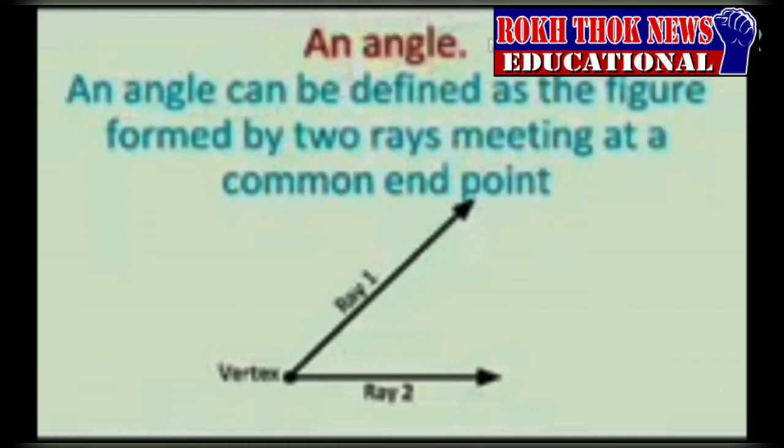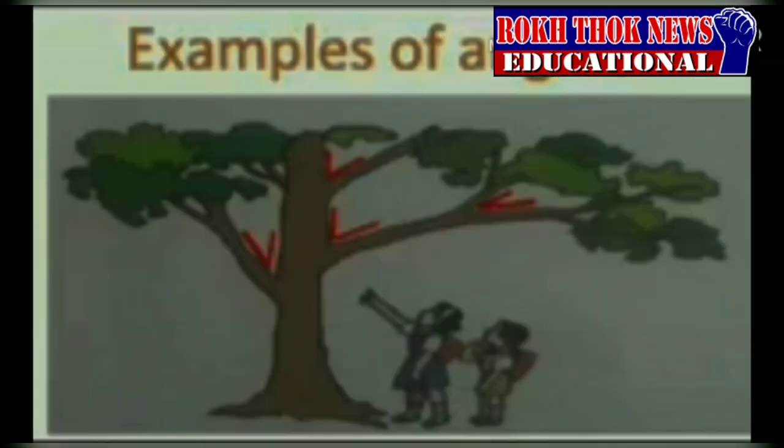So remember the definition. An angle can be defined as the figure formed by two rays meeting at a common end point.